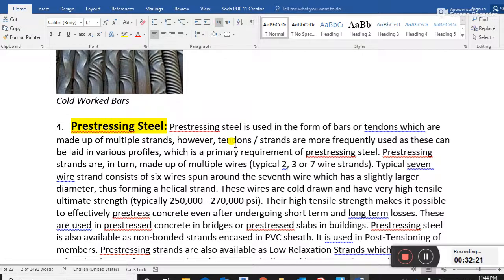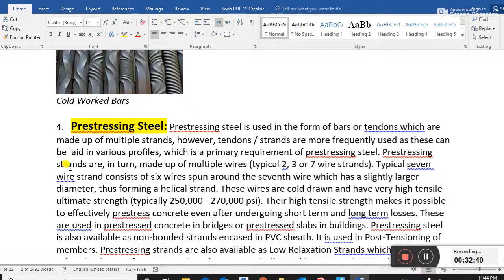However, tendon strands are more frequently used as they can be laid in various profiles, which is a primary requirement of the pre-stressing steel.